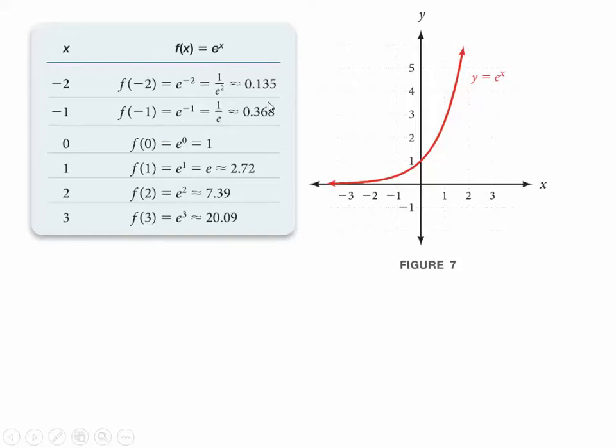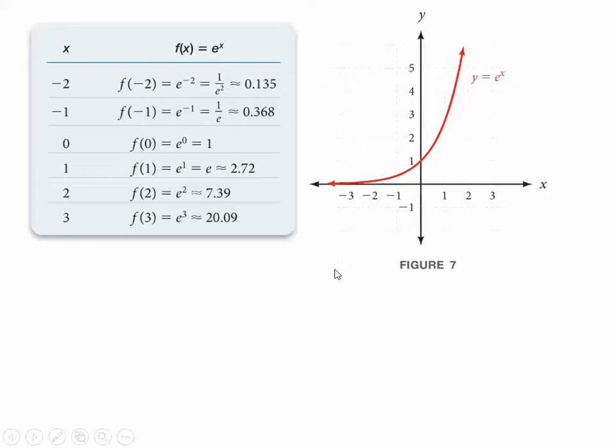Again, doing this one here gives you that. e to the 0 is still 1. e to the 1 is e, and there's your approximation. And instead of 2.7183, we usually approximate as 2.72. Sometimes if it's not that bad of an idea, you just put 2.7. Anyways, squared, cubed, and there's our function.